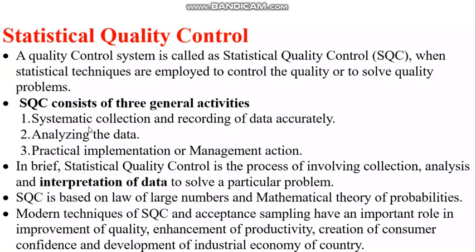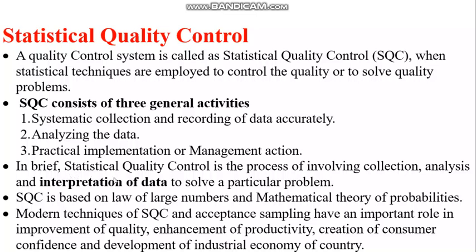So these are the 3 steps. First, collect the data, analyze the data, and after analyzing the data, whatever conclusions you have arrived at, those conclusions or those corrections you have to implement. These are the 3 activities in statistical quality control.